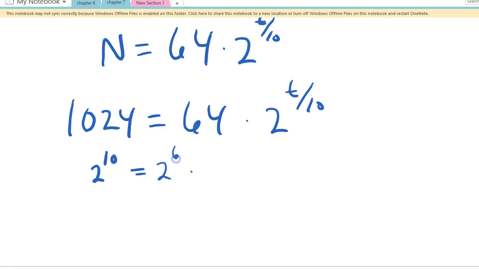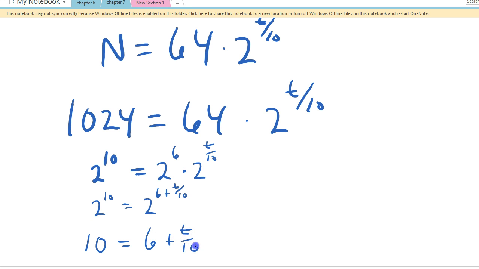2 to the power of 6 multiplied by 2 to the power of t over 10. So 2 to the power of 10 is equal to 2 to the power of 6 plus t over 10. So 10 is equal to 6 plus t over 10. Resuming my work over here, and maybe I'll switch to green for this occasion.